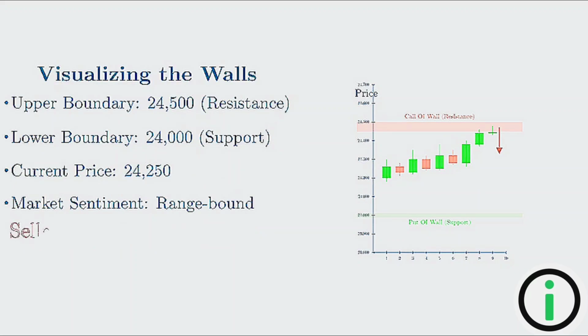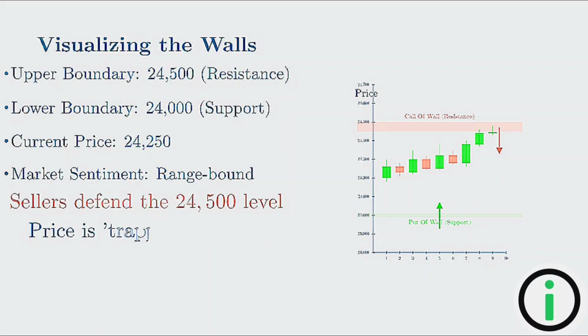Why? Because thousands of sellers are watching their profit margins shrink as the price rises. They will likely sell the index futures to push the price back down. Similarly, if the price drops toward 24,000, the put sellers will start buying to protect their positions. In a market like this, the price is effectively trapped between these two high-conviction zones.